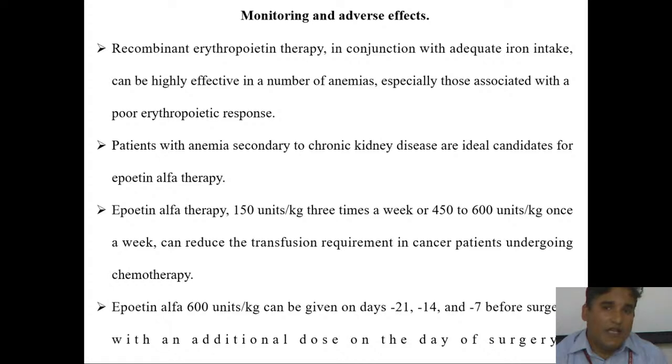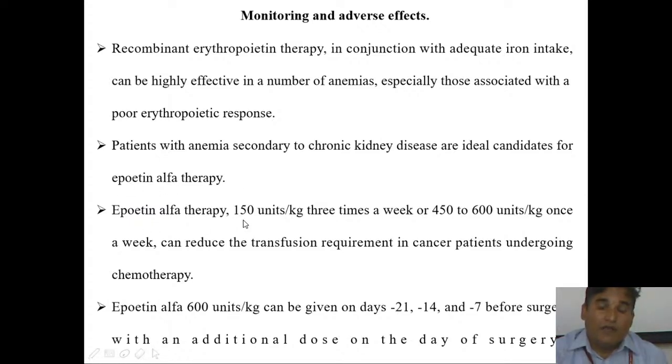Recombinant erythropoietin therapy in conjunction with adequate iron intake can be highly effective in a number of anemias, especially those associated with poor erythropoietic response. Patients with anemia secondary to chronic kidney disease are ideal candidates for erythropoietin alpha therapy.